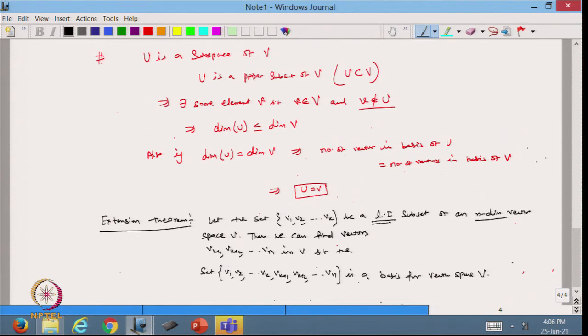So, I can extend these vectors to n vectors such that it becomes a basis for the vector space V. In that case it will be linearly independent as well as span the whole V. So, this is the extension theorem.